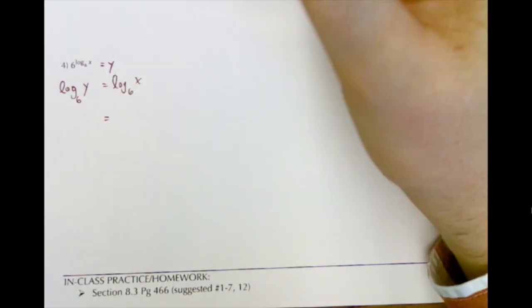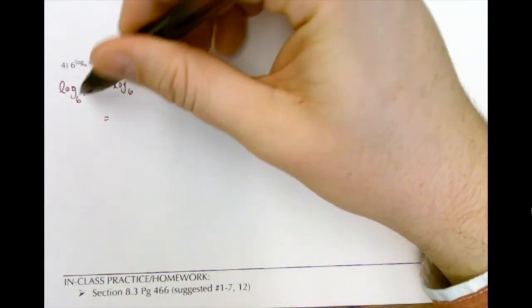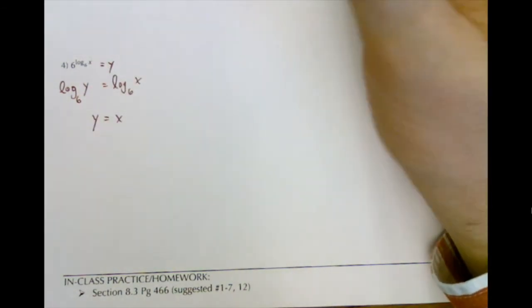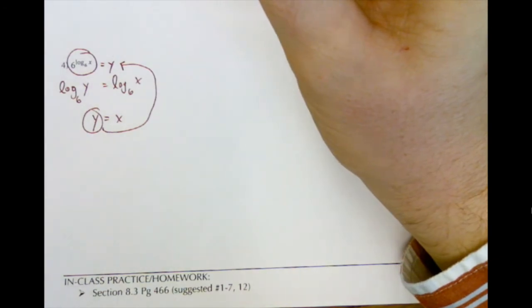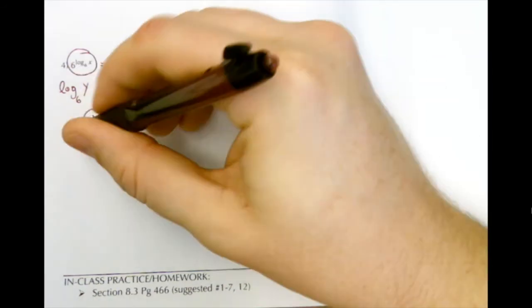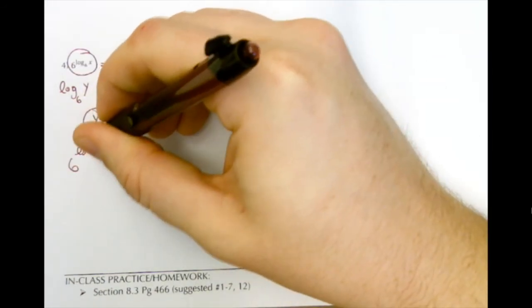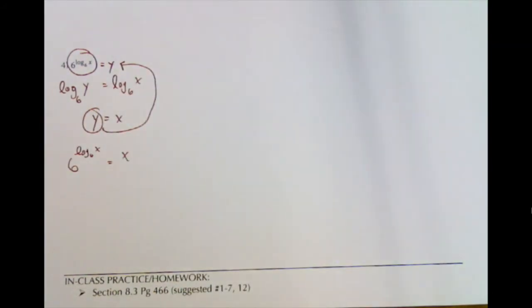And what you can see here is that the inputs to the logarithms are the same with the same base. So like when we have powers with the same base, we can equate the exponents. You can equate the inputs to a logarithm if you have the same base. So we can rewrite that as y equals x. What's y? Well, y is, again, right here, 6 to the exponent log of x base 6. So instead of y, I'm going to rewrite what I had at the beginning, and that's 6 to the exponent log of x base 6. So then again, we've just demonstrated the fourth common property.